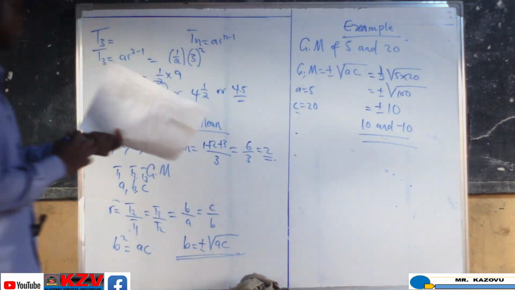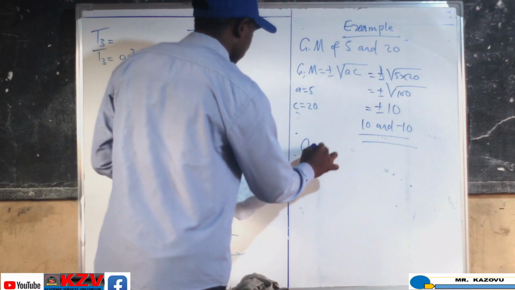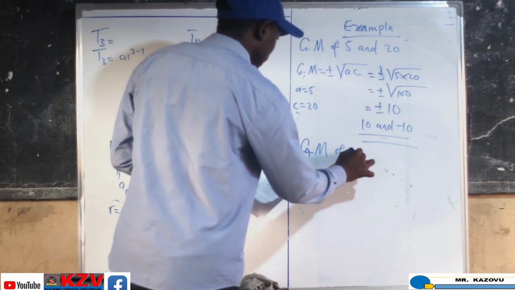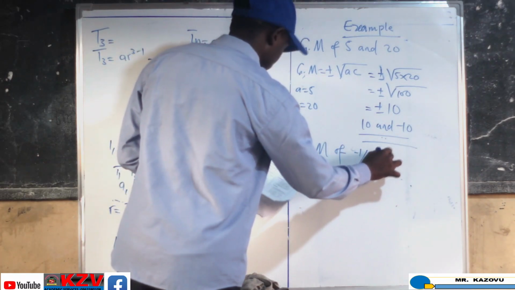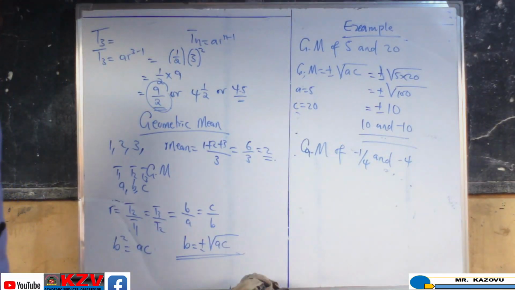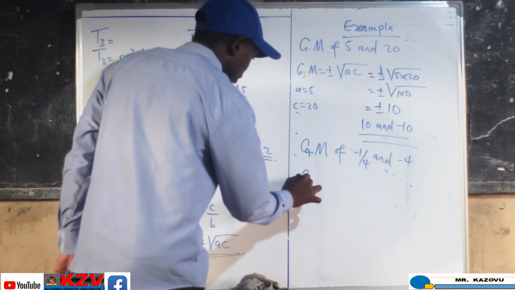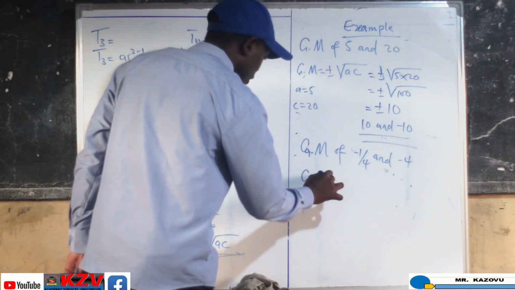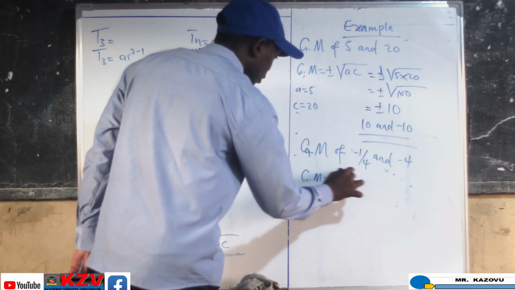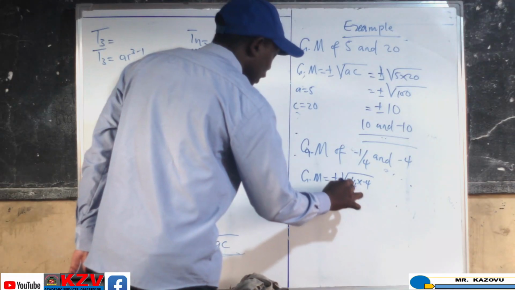But now my interest is, let's look at this one where we want to find the GM of negative 4 and negative 1 over 4. So GM is equal to plus or minus the square root of negative 4 times negative 1 over 4.